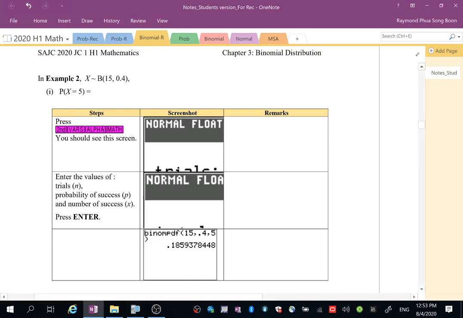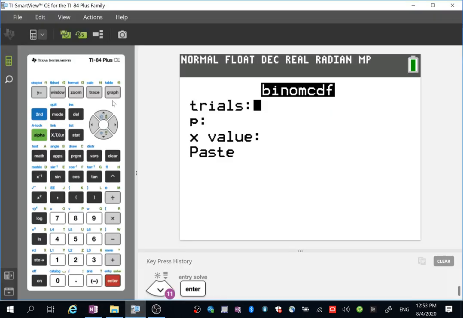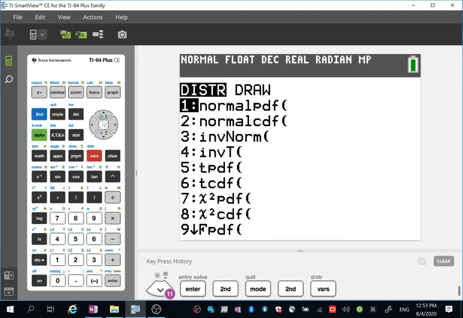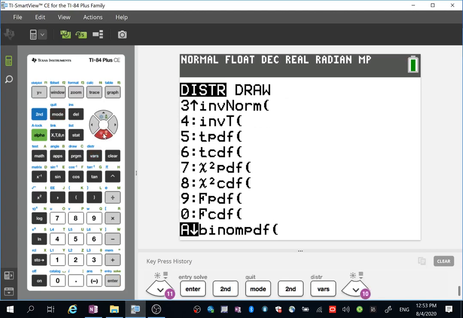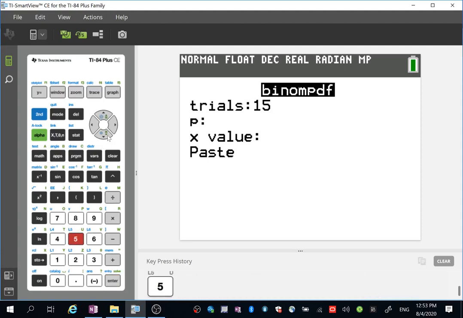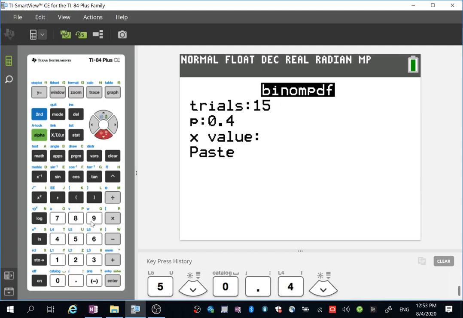Okay, so how are you going to use your GC? Since the inequality sign is equal, we will get into here, and then you can scroll down. So we should be using binom PDF. Okay, so what is your trials? That means n is 15, your p or probability of success is 0.4. And what is your x value? In this case, for part 1, your small x value is 5.